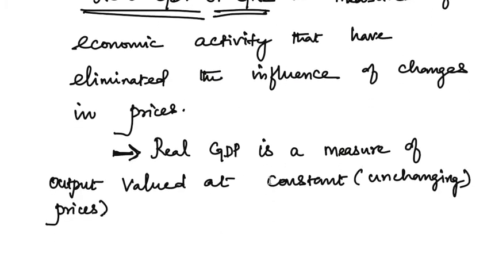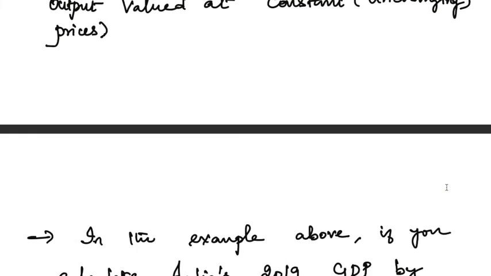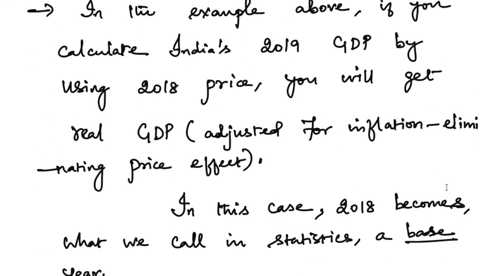Real GDP is a measure of output valued at constant, unchanging prices. So in the example above, if you calculate India's 2019 GDP using 2018 prices, you get real GDP adjusted for inflation, eliminating price effects. This I just explained.